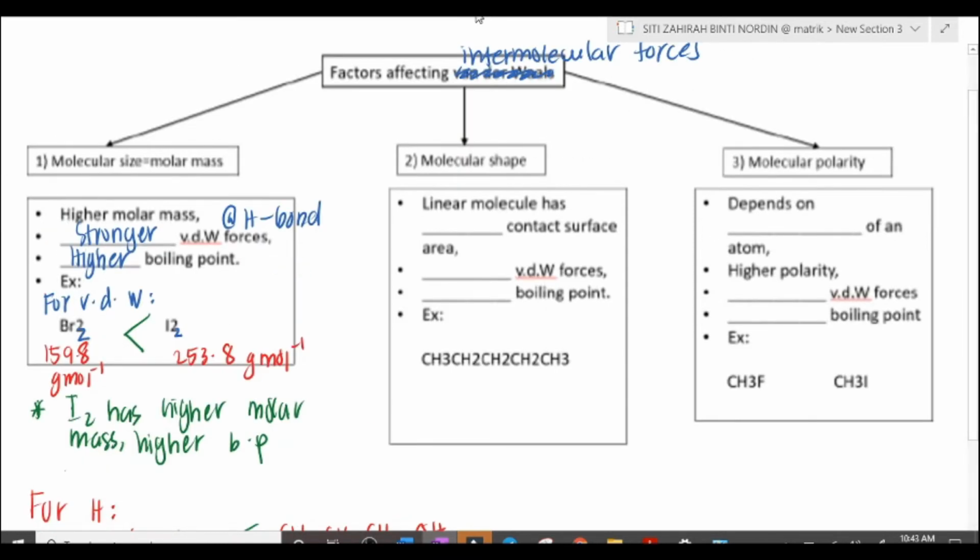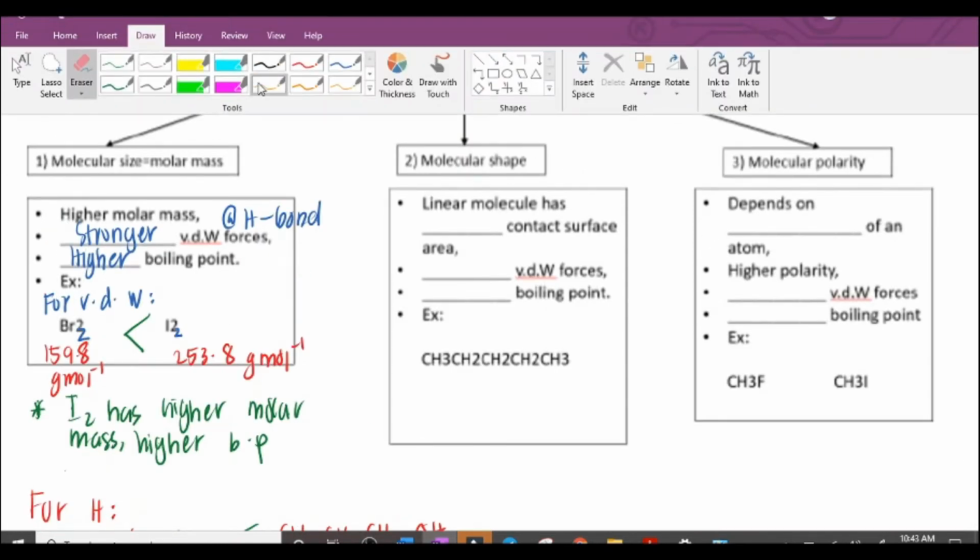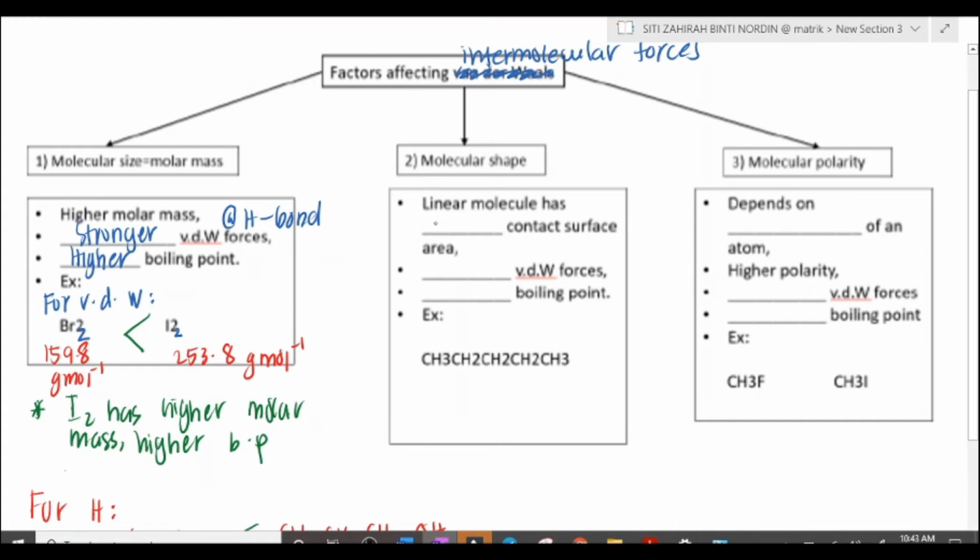The second factor is the molecular shape. A linear molecule has greater contact surface area, so it has stronger van der Waals or hydrogen bond, so it will have a higher boiling point. For example, for van der Waals forces, we have these two. Copy down the next one.